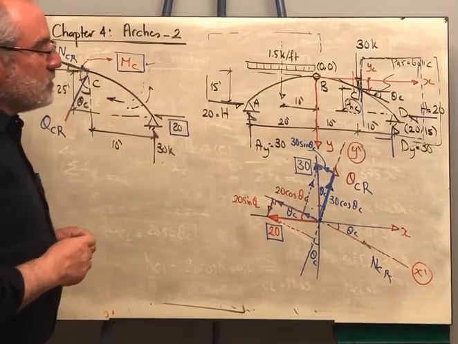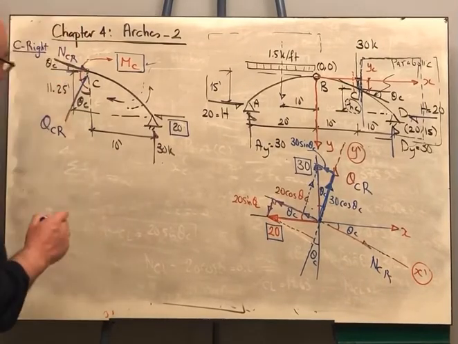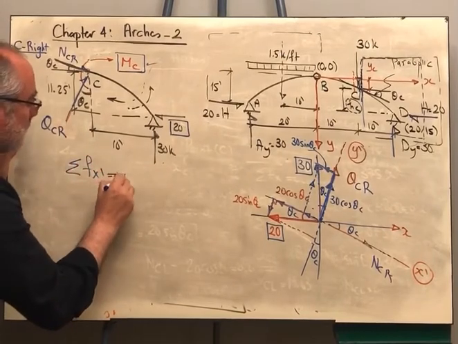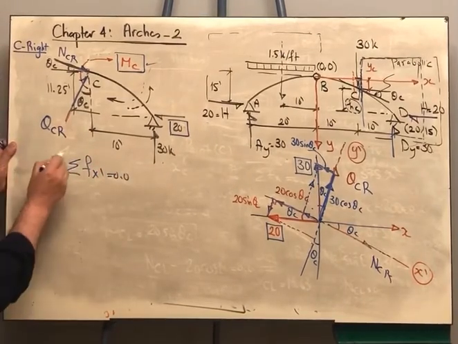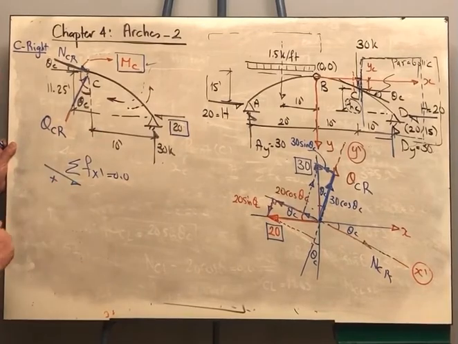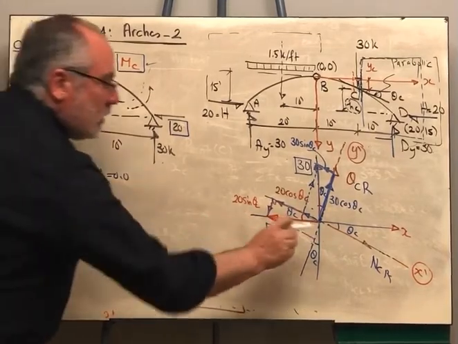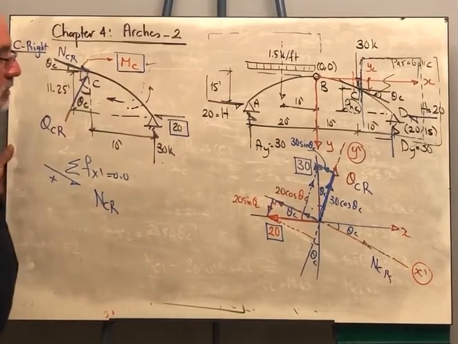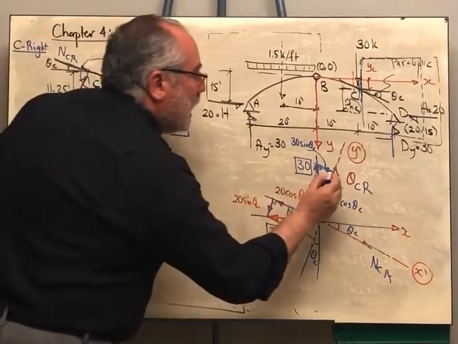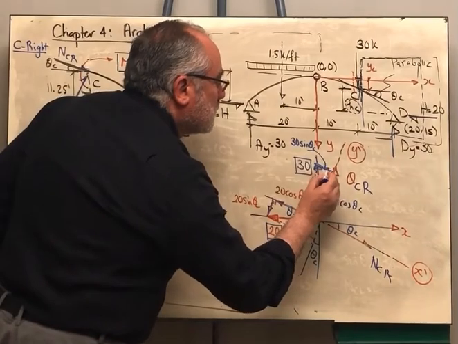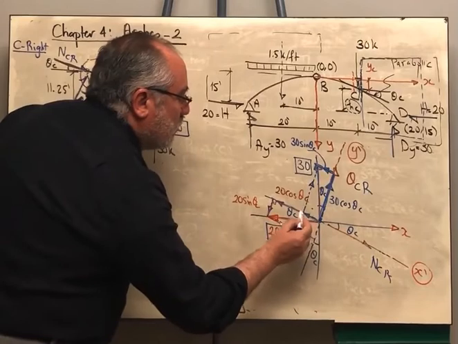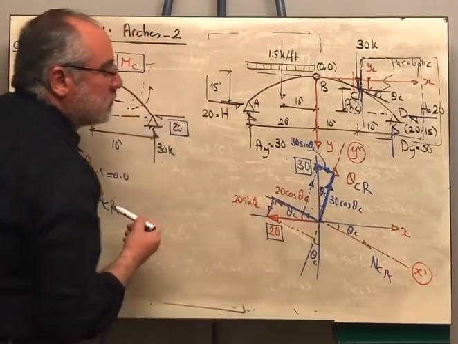Now let us sum the forces that we have. So I will say sigma Fx prime is equal to 0. Let me take this as the positive direction. So I will have NC right. What else? I have this component against the positive direction and this component as well against the positive direction.